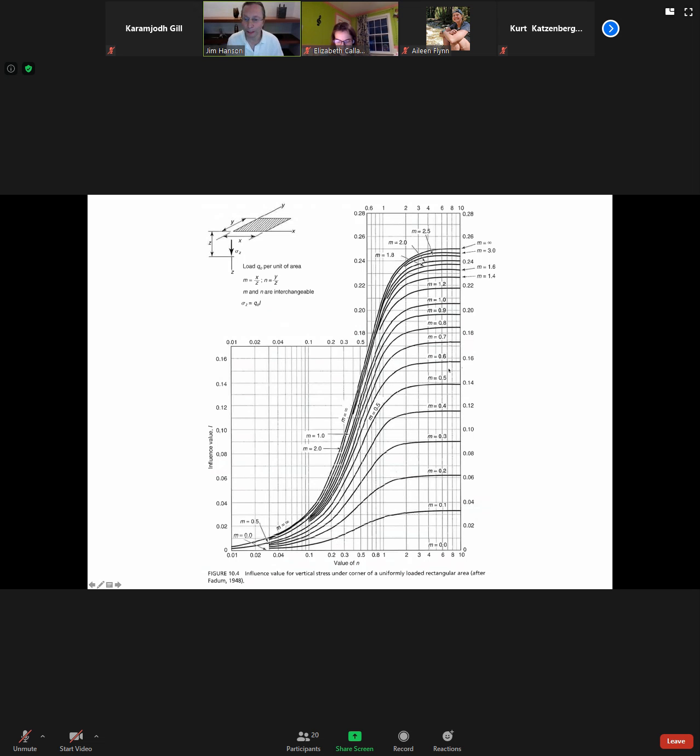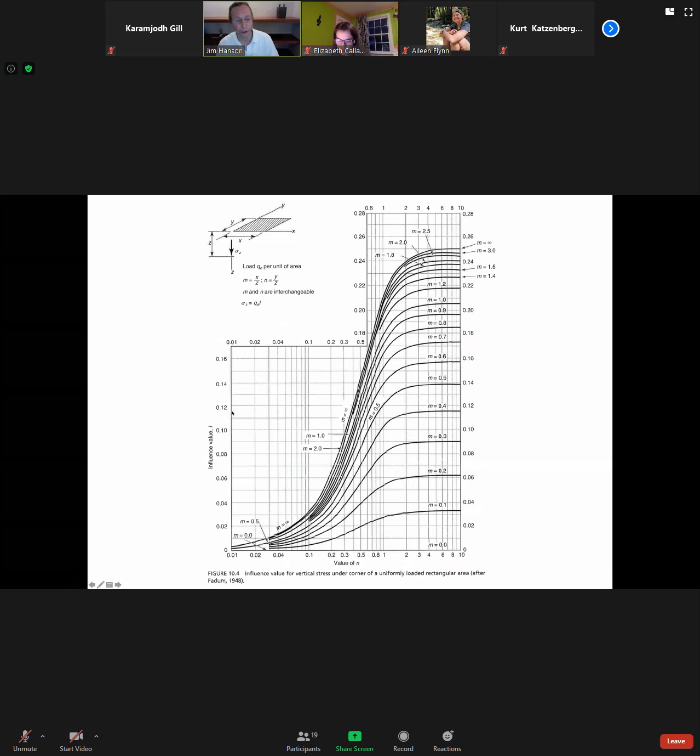Let's say you're at 0.55 and 0.8, you'd be somewhere around here for a data point, and you'd shoot over and get an influence factor of 0.15 or something like that if you were residing right here.